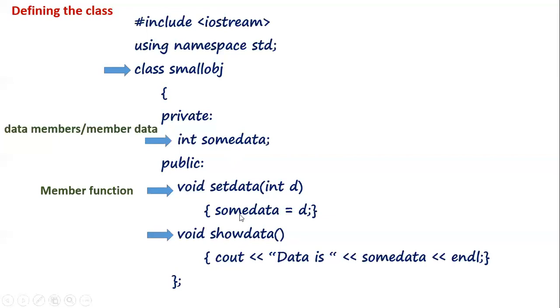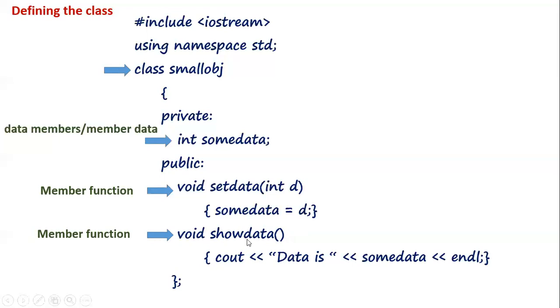Similarly, you have one more function called show data, which also doesn't have any return value, so it is defined as void show data and doesn't have any argument. What the function does is that whatever is assigned as some data will be displayed on the monitor. So it is cout, data is some data.